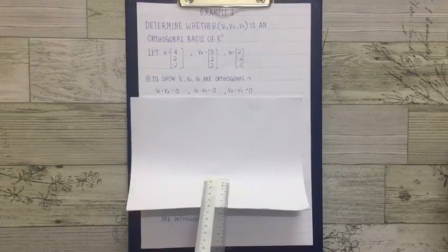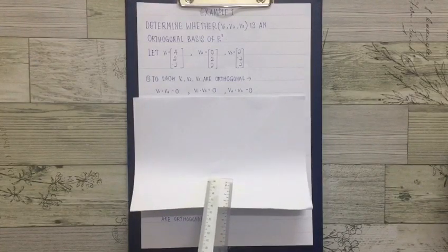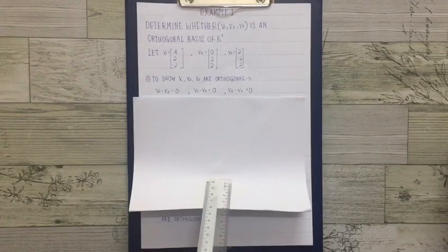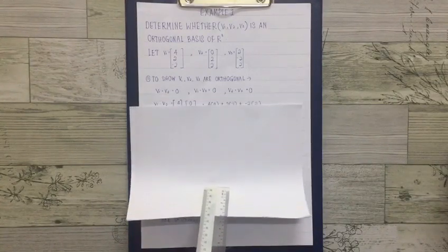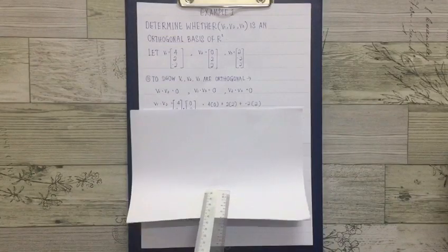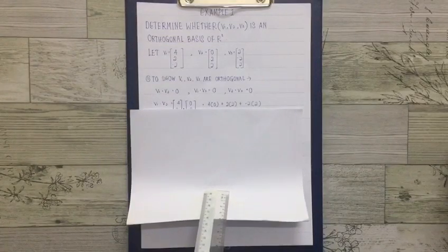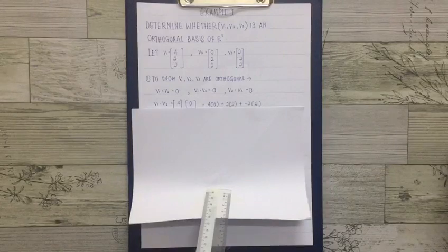So we have to find the value of the sum of the vector products, which are V1 times V2 is equal to 0, V1 times V3 is equal to 0, and V2 times V3 equal to 0. So let's find the value when V1 times V2.